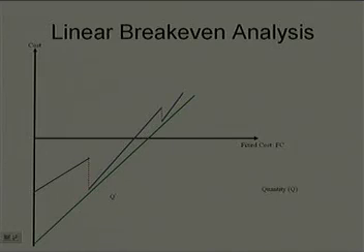So, what we do for each of the products, we compare the slopes with the composite contribution line. What you can see is that if the slope of a particular product is steeper than the composite line, that product is doing well.